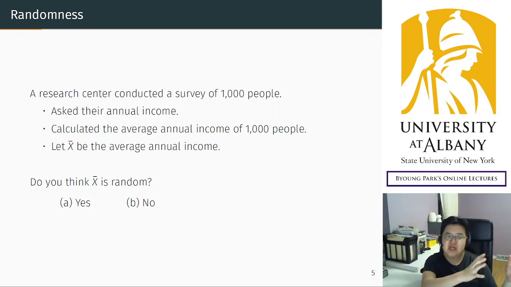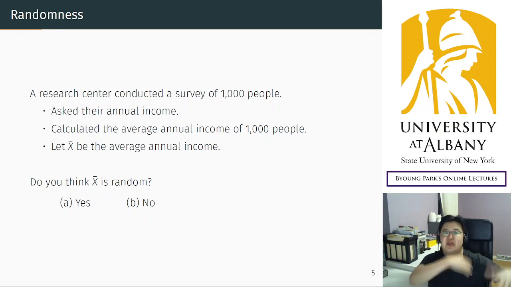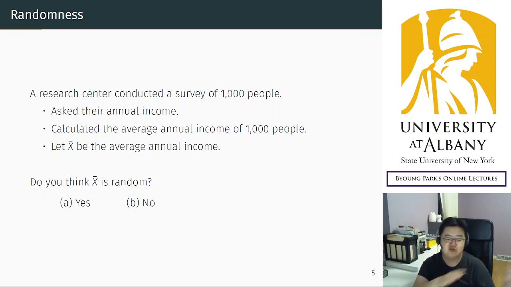The outcome is random because if you do the survey again, the average income you calculate would be different, because you will encounter a different set of 1,000 people. So the average would be different, right?